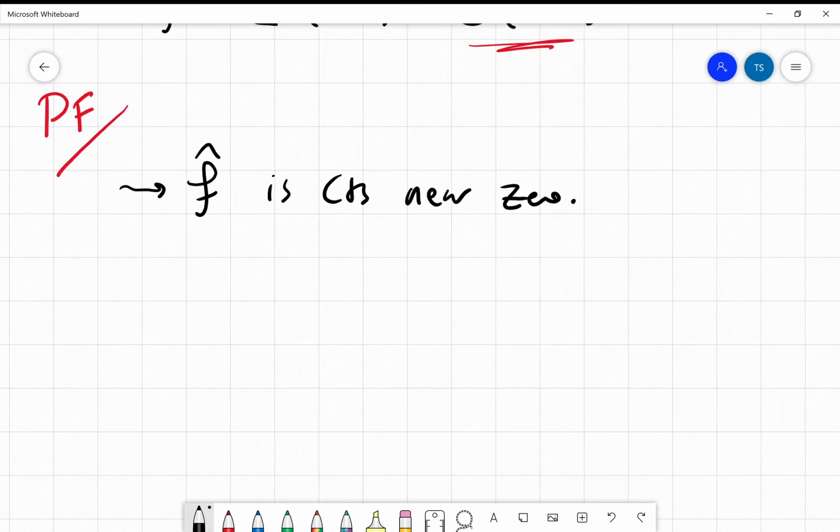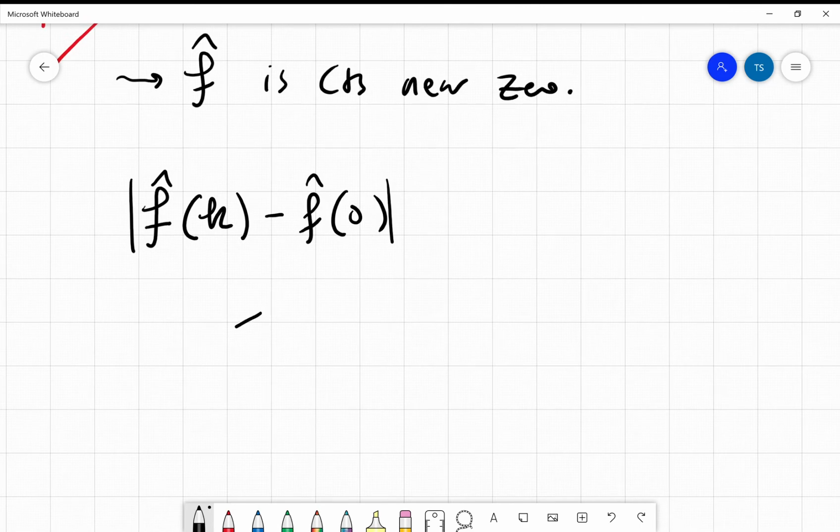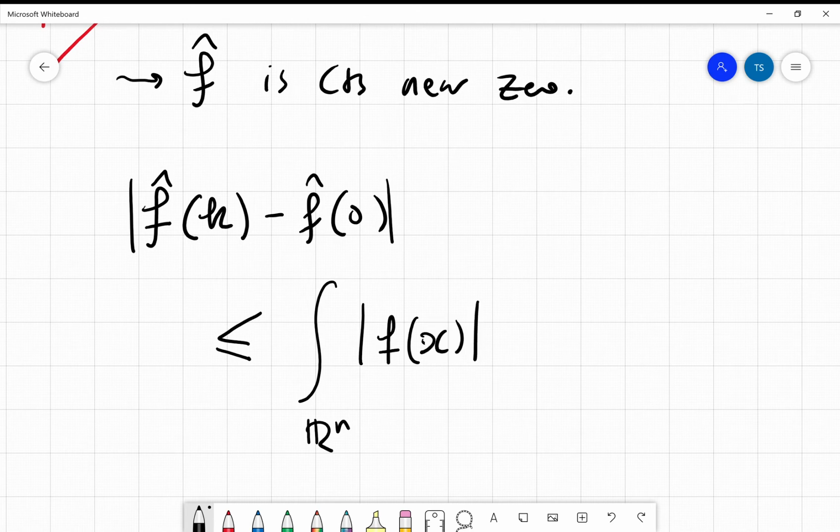When we do that, we look at this quantity right here in the absolute value. This is bounded above by this right here, this absolute value, sorry.